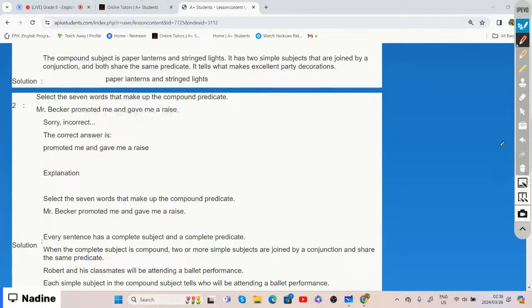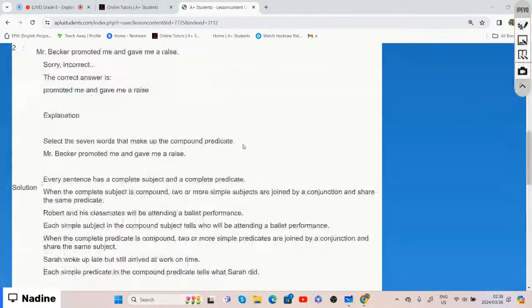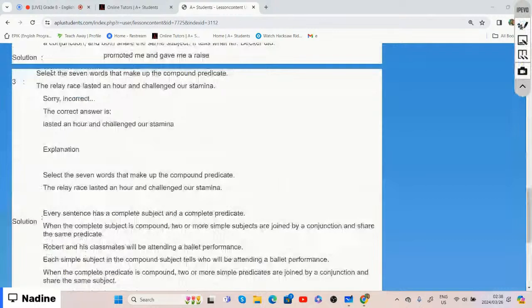All right, let's do the last activity, then we go to our test. It says we need to select the 7 words that make up the compound predicate.